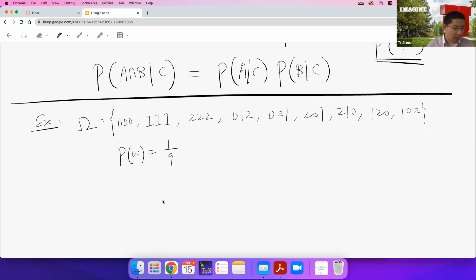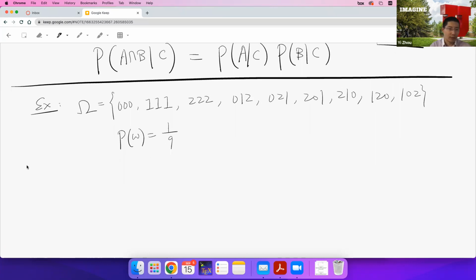So let's define event E_k as the k-th digit is 0, where k can be 1, 2, 3. E_k means that among these 3 digits, the k-th digit is 0.